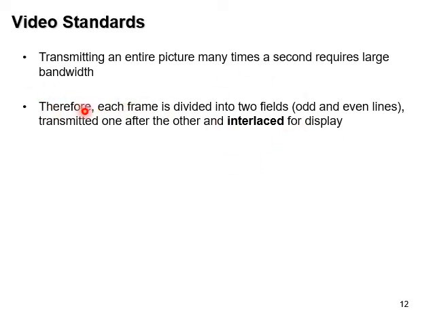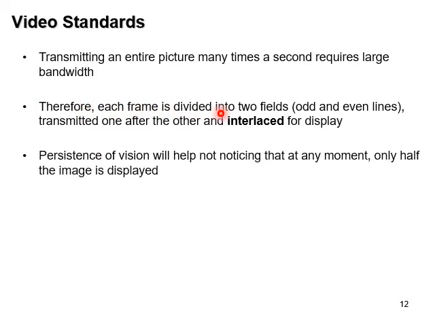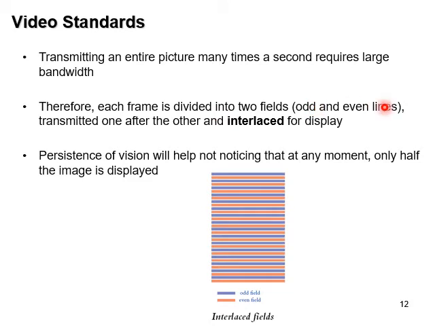The idea here is that each frame is divided into 2 fields, odd and even lines, and these fields, the odd field and the even field, are transmitted one after the other and interlaced for display. What do you mean by this? If you look at this image here, this is how the image looks. This is line number 1, line number 2, line number 3, and so on.